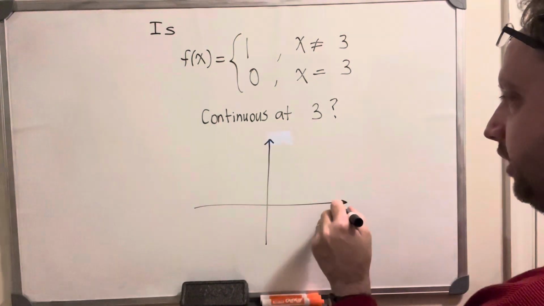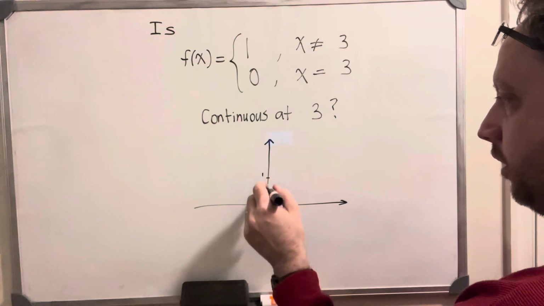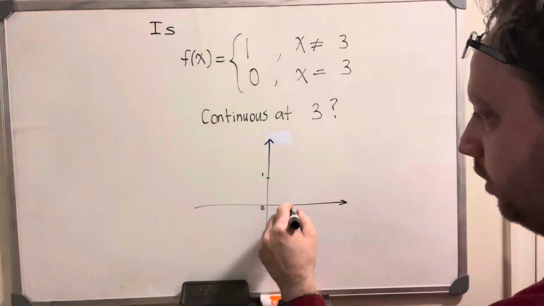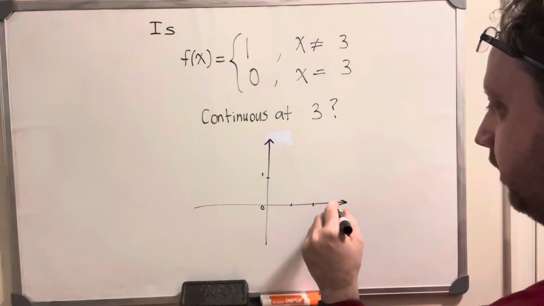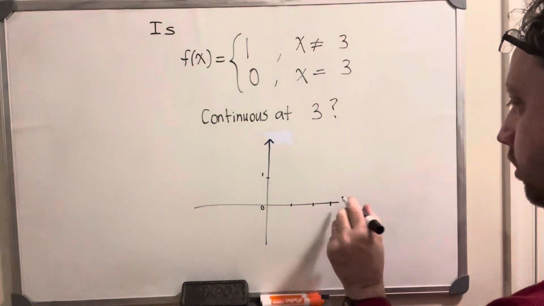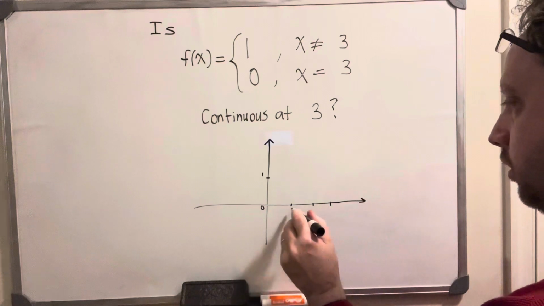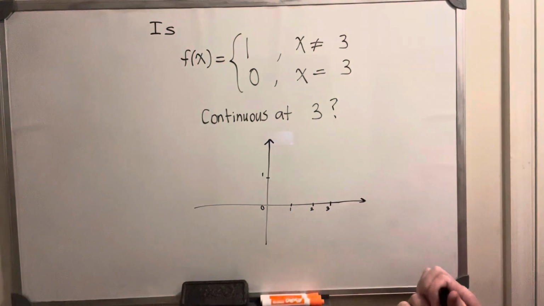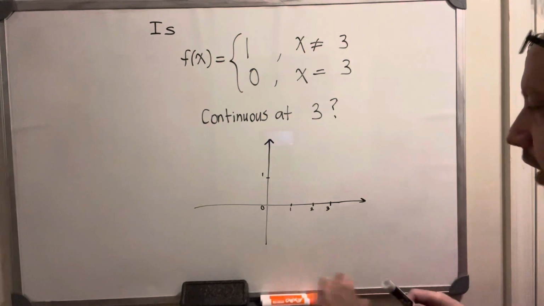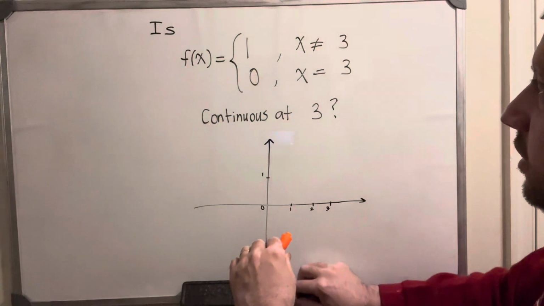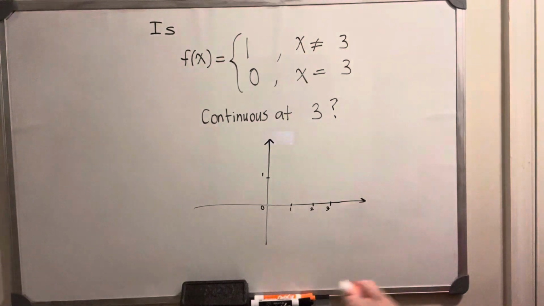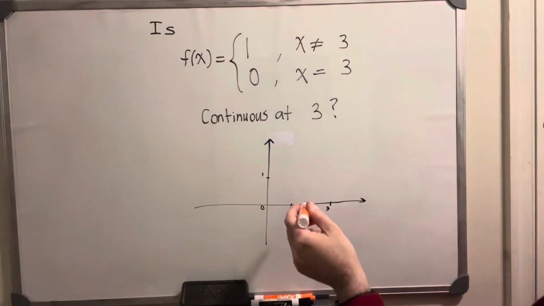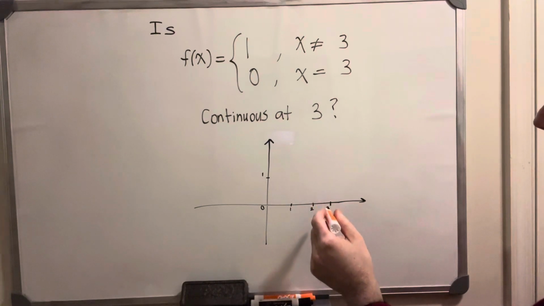Here, let's draw a picture of this function. Let's say that this is 1, and here's 0. This is 1, 2, 3. Let's draw a little bit more. So the function says its value is 1 if the value of x is anything but 3.